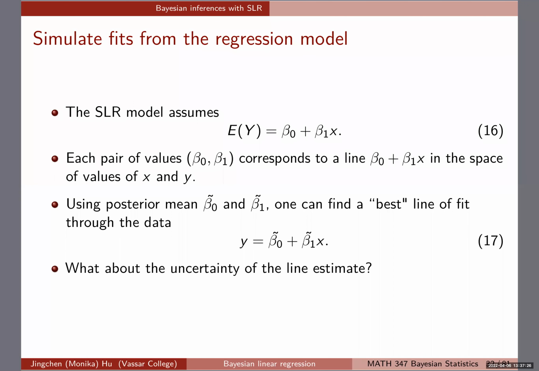In addition to the best straight line itself, we're always curious about the uncertainty of the line estimate. Like I said, the posterior estimation of our model gives us a large number of draws of beta 0 and beta 1, and they themselves give us uncertainty quantification of beta 0 and beta 1. So we should try to utilize that when we're trying to learn about the particular regression model that we're fitting.